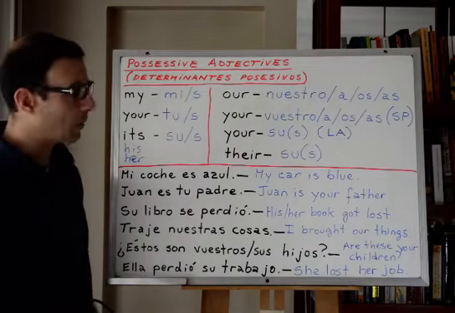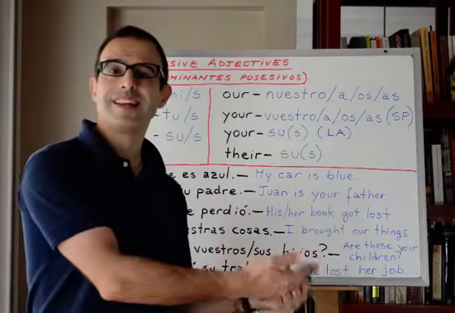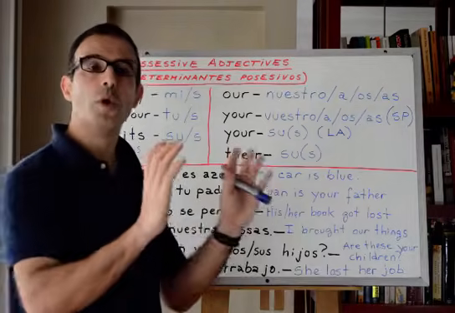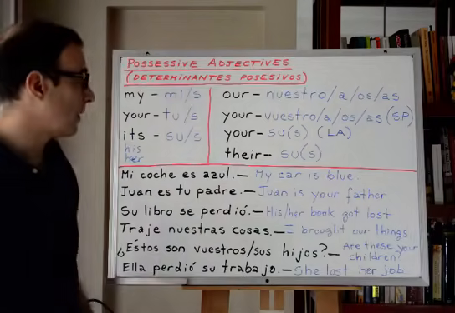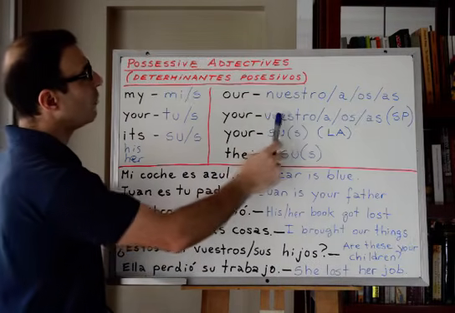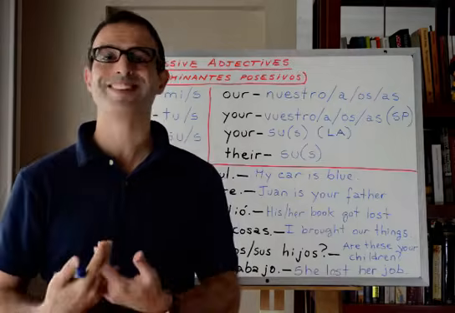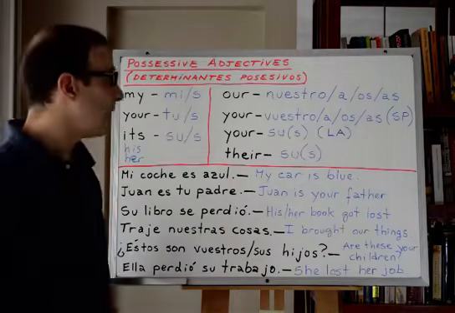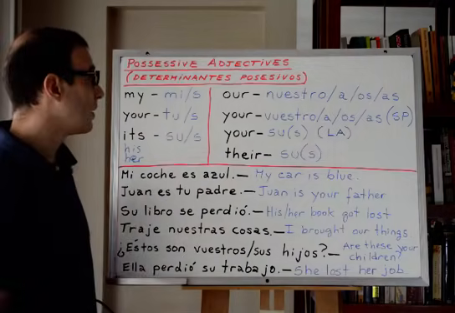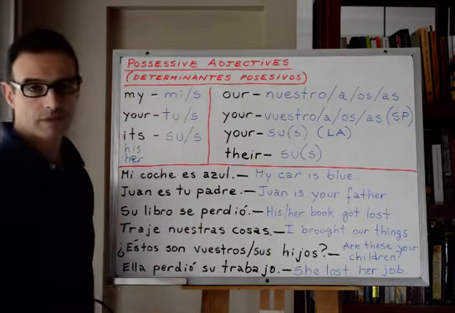Let's learn both, however. If I want to say, these are your things, and I'm talking to you all, in Spain, they would say, estas son vuestras cosas, because cosas is feminine, vuestras. Now, in Latin America, they would say, estas son sus cosas.